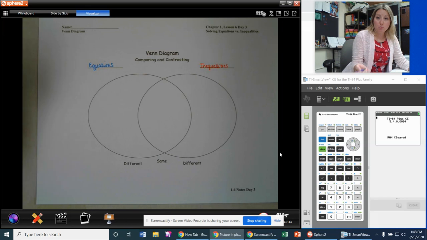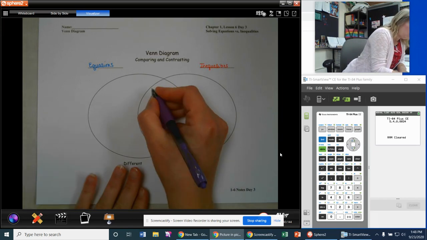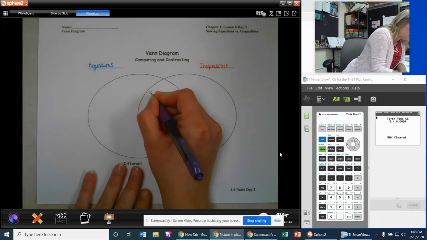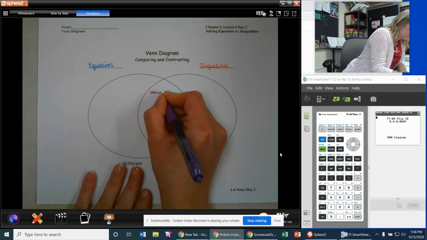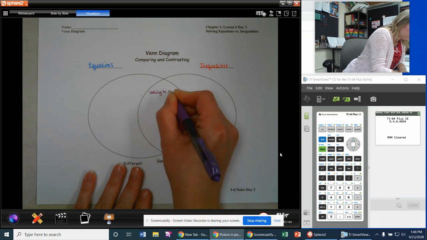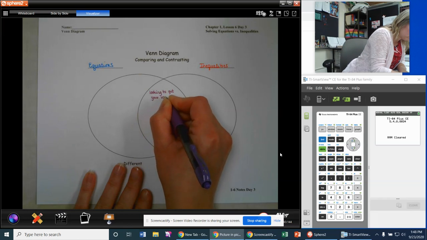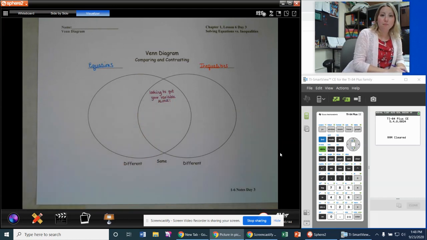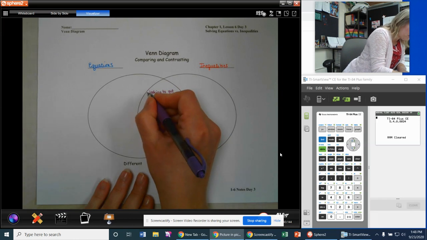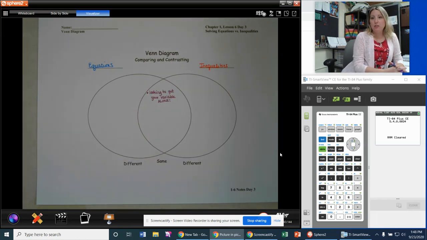I'm going to start with this: when you're solving equations and you're solving inequalities, you are looking to get your variable alone. That is the first main piece that both of these have in common.